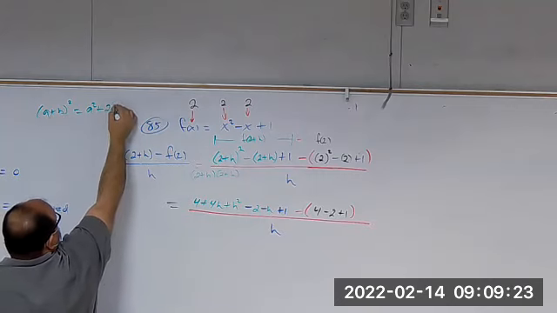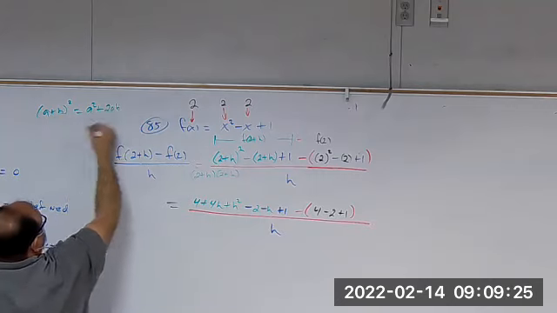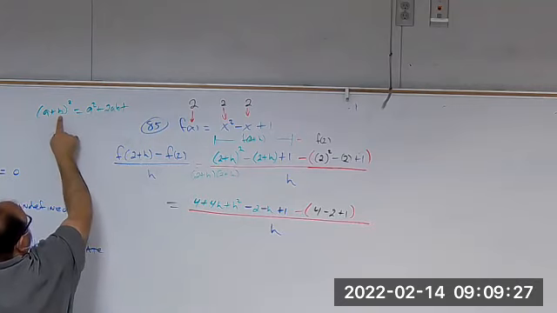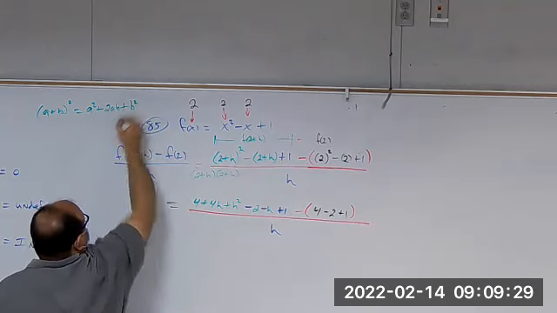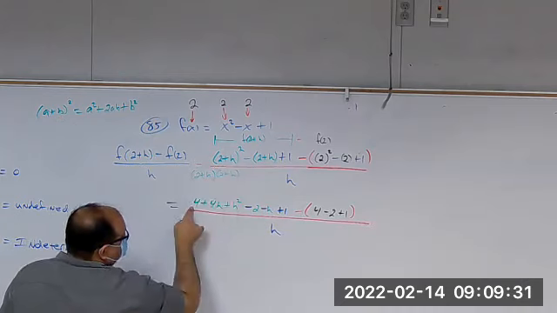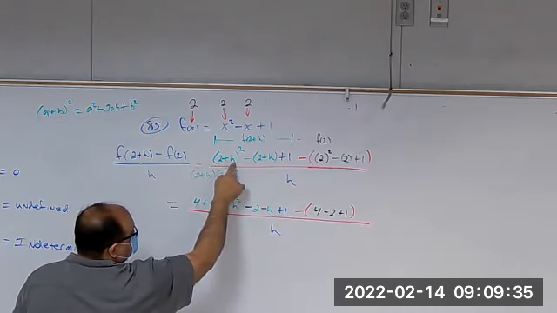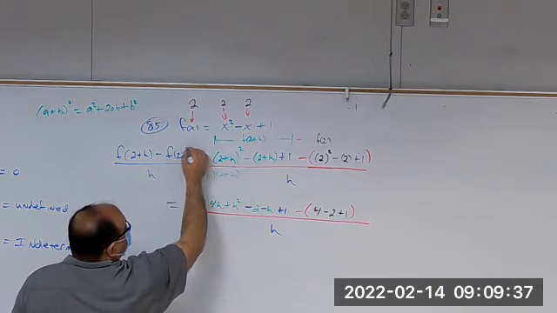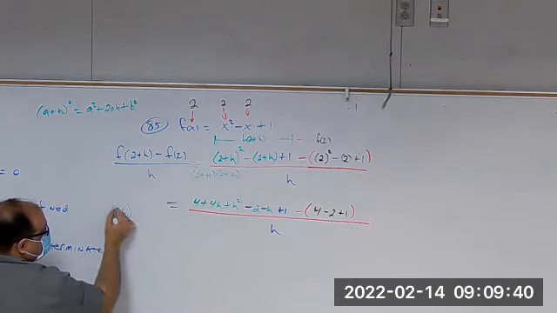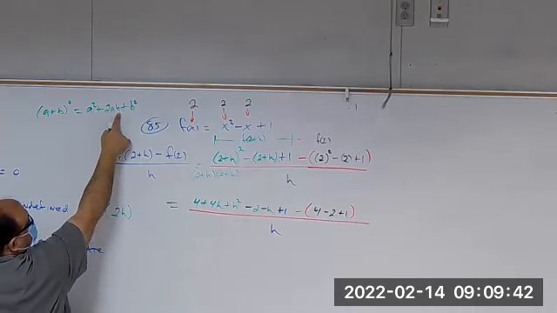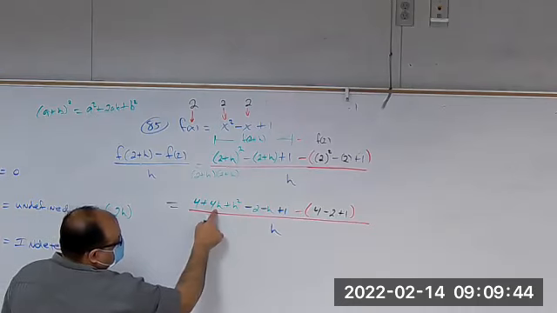And then because that's addition, you have b squared. So the 2 is squared. Then I multiply 2 times h and I double it in the middle. That's where the 4h comes from.